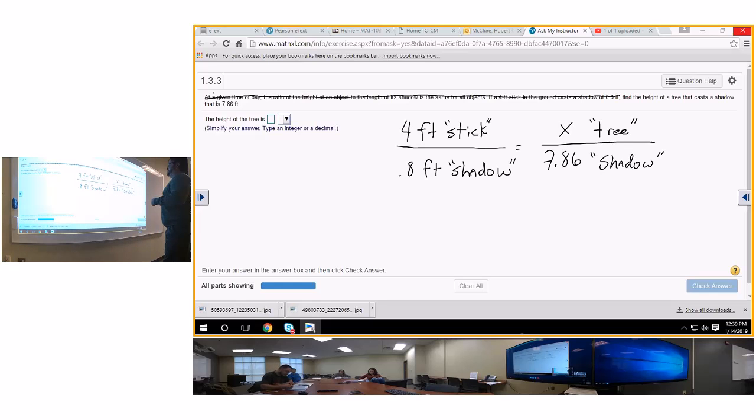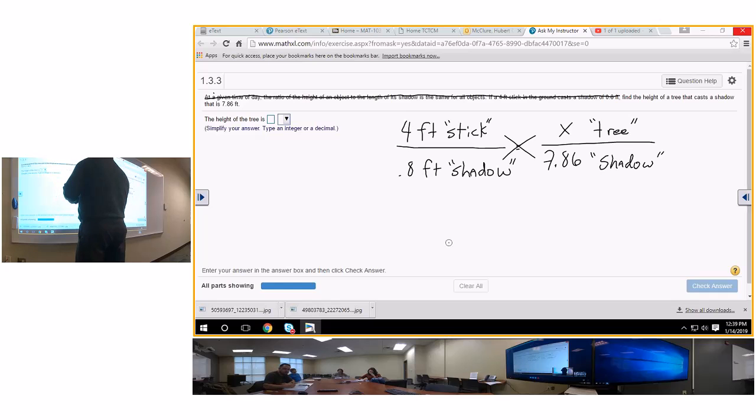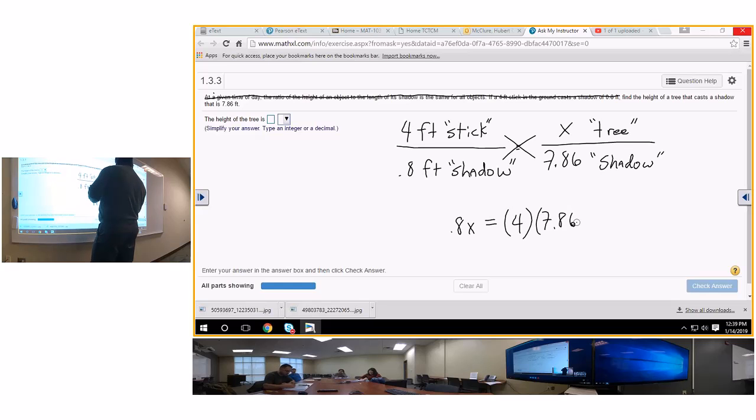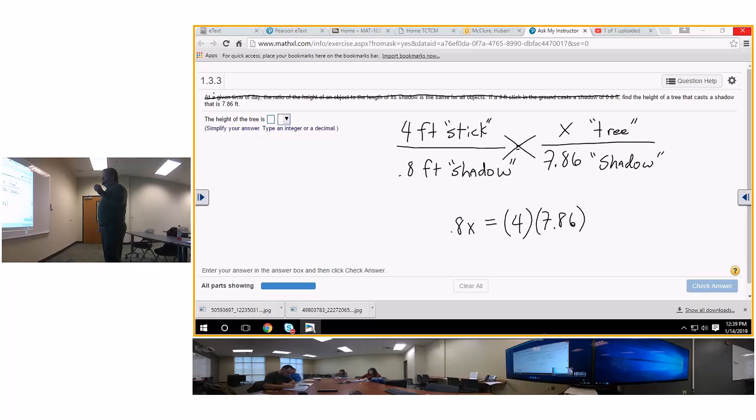Now we're going to cross multiply, and that's going to give me 0.8x is equal to 4 times 7.86. Now, I'm going to try to do this in my head, and I want you to check it.